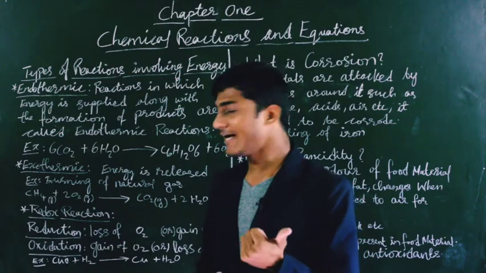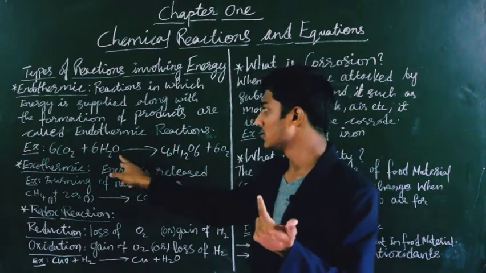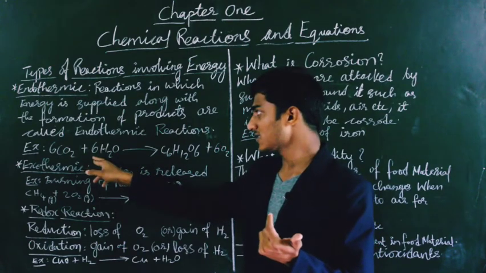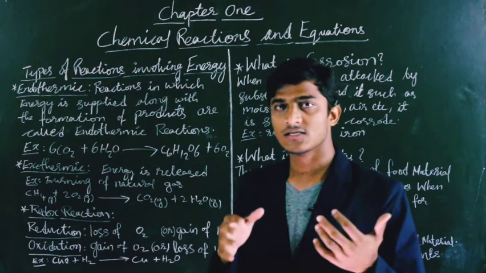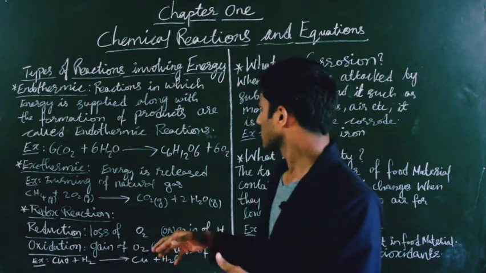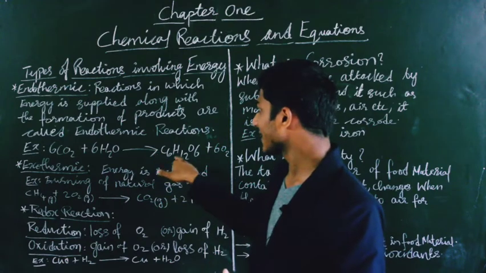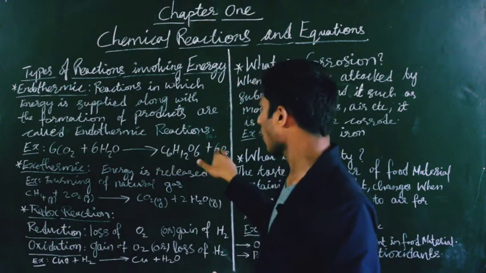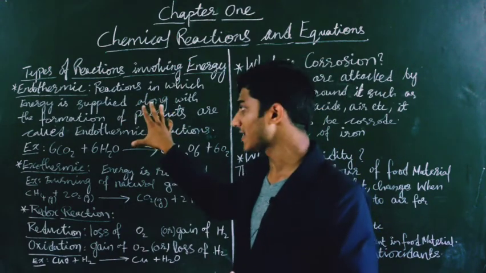Energy is supplied in the form of carbon dioxide as well as water, these two reactants, to all the parts of the plant in order to get the products glucose and oxygen. This process is known as an endothermic reaction.